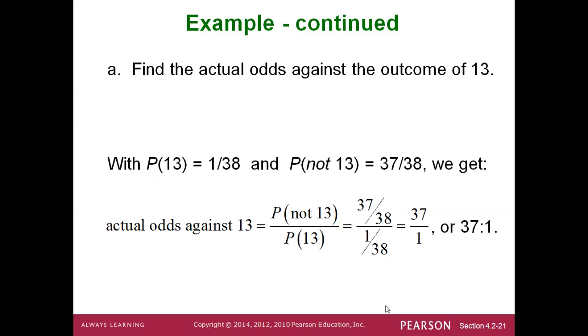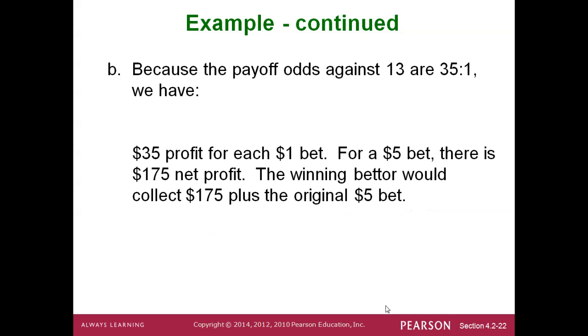So there's our odds against. That's not the hard part. $35 profit for each $1 bet, that's what payoff odds tell us. We bet $5, so there's $175 net profit. How did that get there? $5 times 35. That's how we made a net profit of $175.